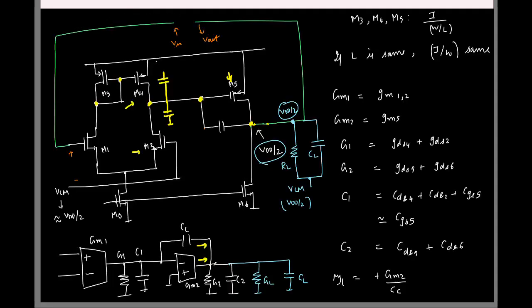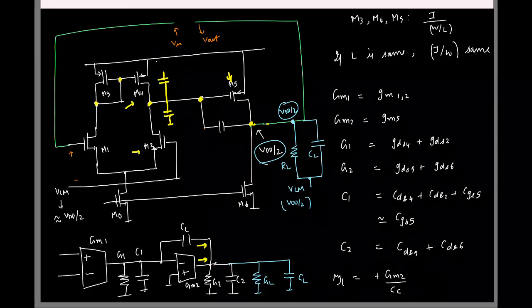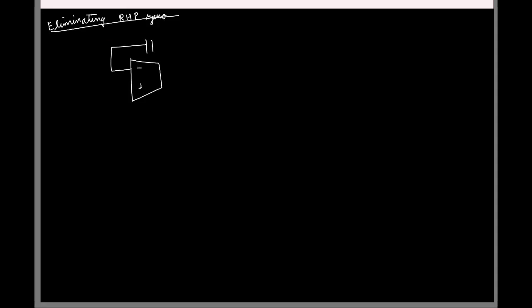For that, I'll only consider the second stage because that's what contributes to the 0. So first let me draw that. This is my GM2, this is CC.